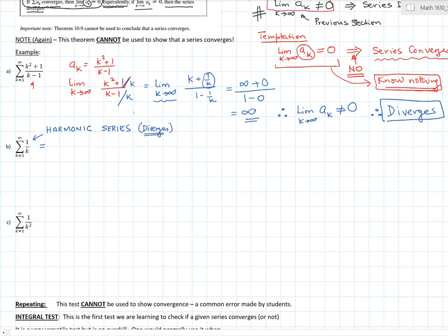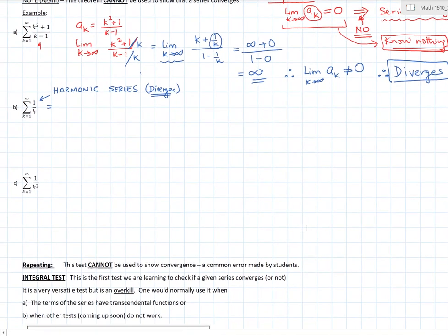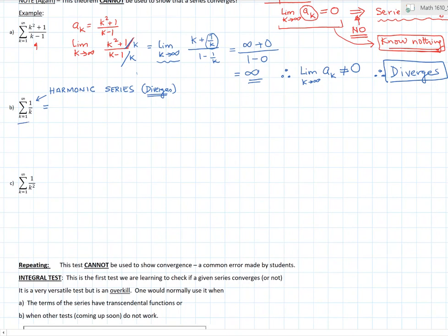Remember the very first time when I was talking about series, we had this example and this example. So I had mentioned that this one we know diverges. Okay, so let's try the divergence test.